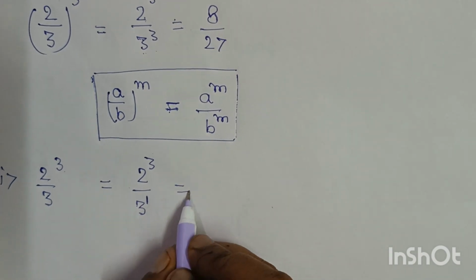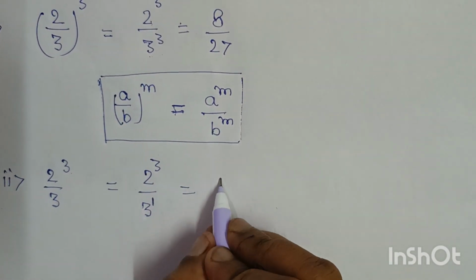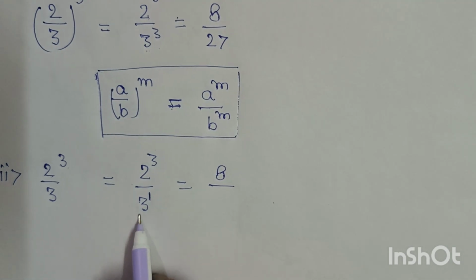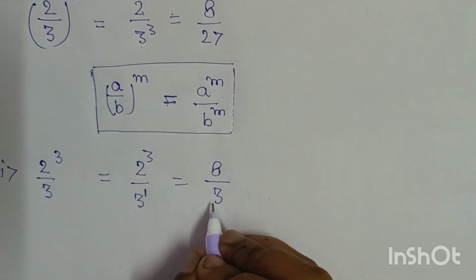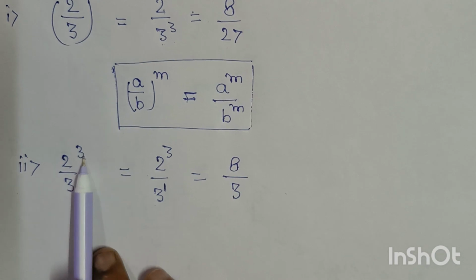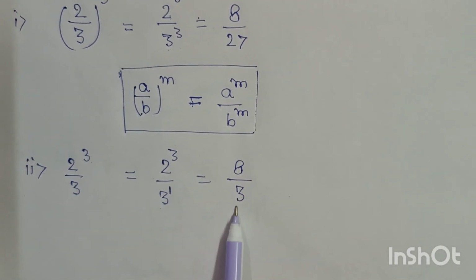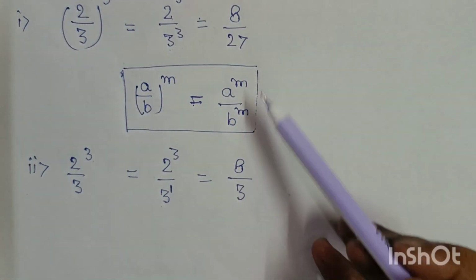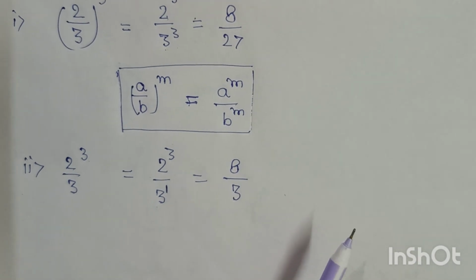So if we simplify this further, we will get 2 raised to the power 3, which is 8, and 3 raised to the power 1, which is 3. So after simplifying, we will get 8 upon 3, which is completely not equal to 8 upon 27.